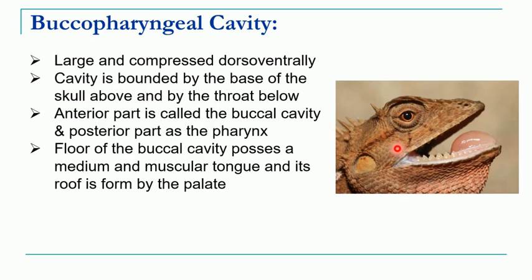So the anterior part has the skull, and the posterior part has the pharynx. Now the floor of this buccal cavity possesses a median, muscular tongue. And the roof of this buccopharyngeal cavity, as I already told you, is called the palate.